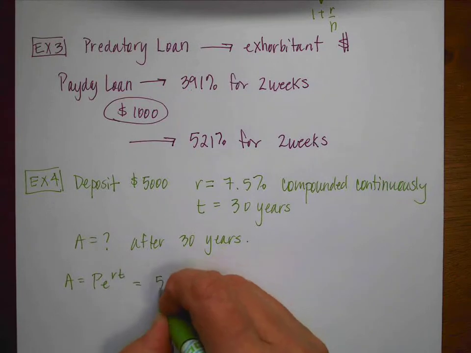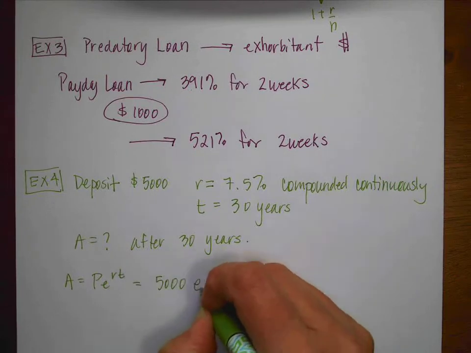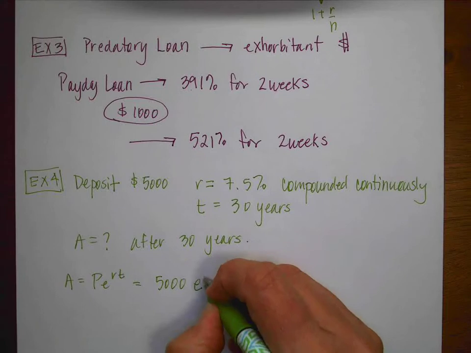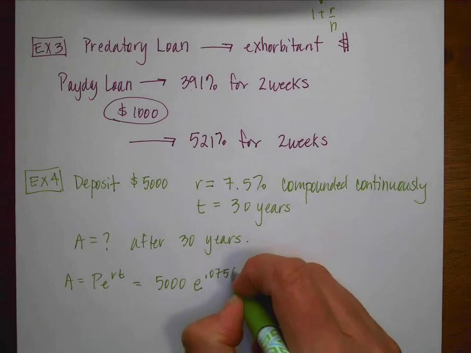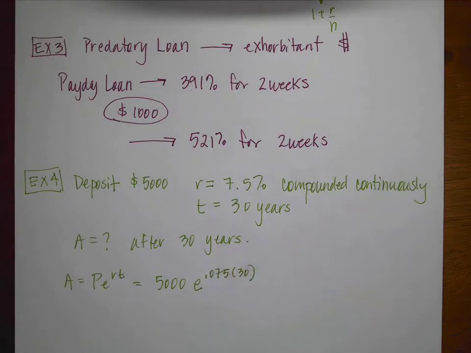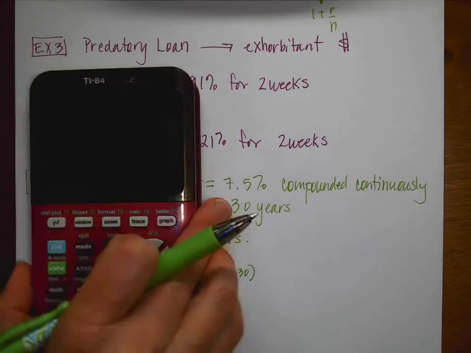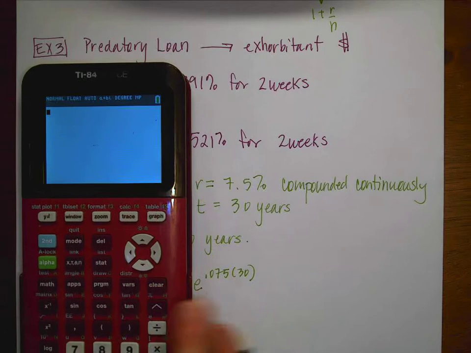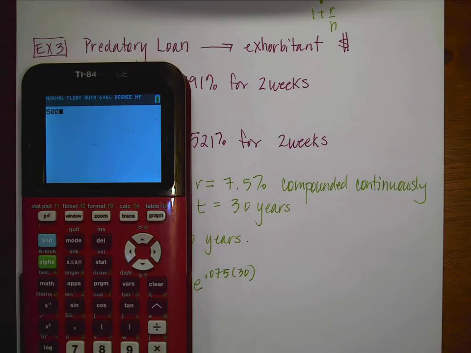So if we do our calculation, P E to the RT, my principal was $5,000, my rate was 0.075, and I'm going to do that for 30 years. Same thing holds true for this on your grapher, so you should put this in.